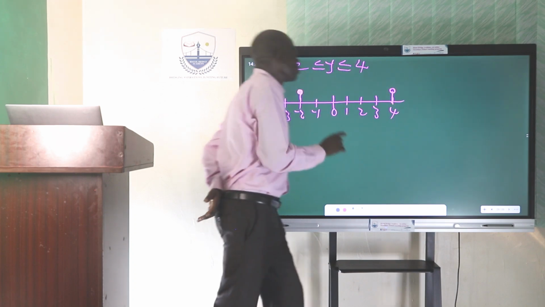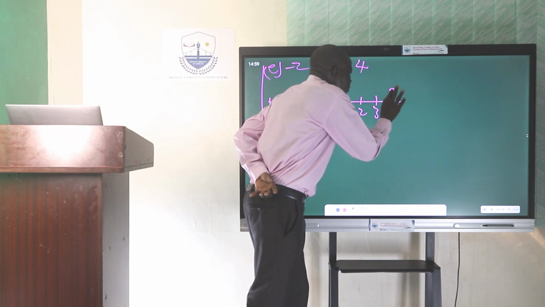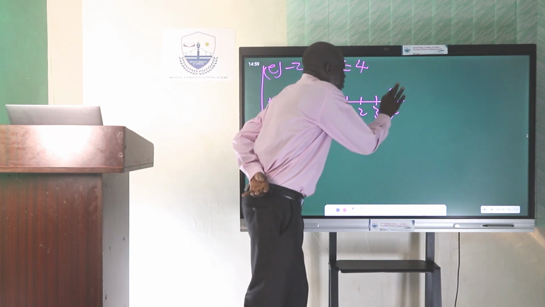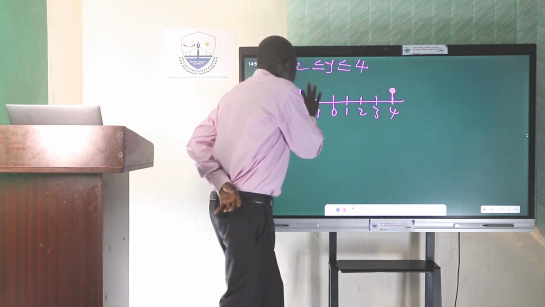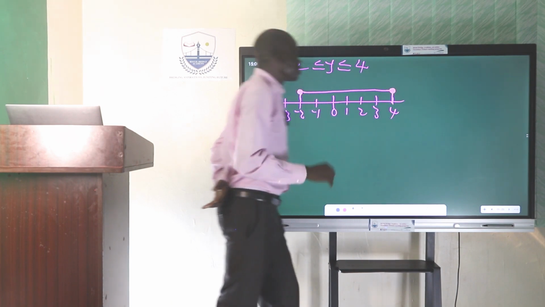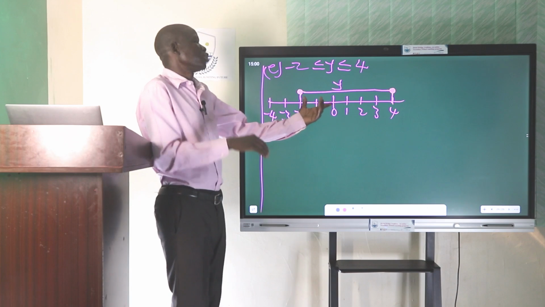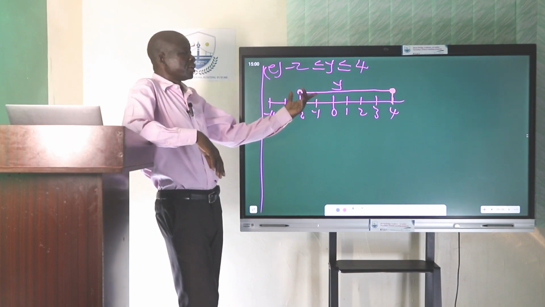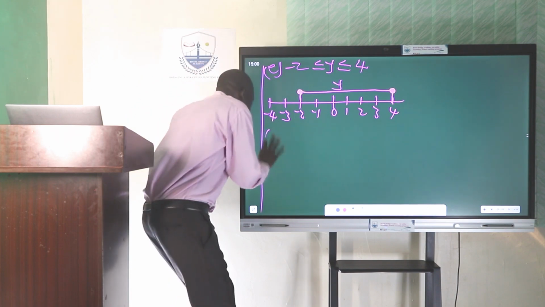We draw a closed circle because of this sign, less or equal. Then you join the open circle with this closed circle, and then you put there y. So this will be the representation of that inequality on the number line.